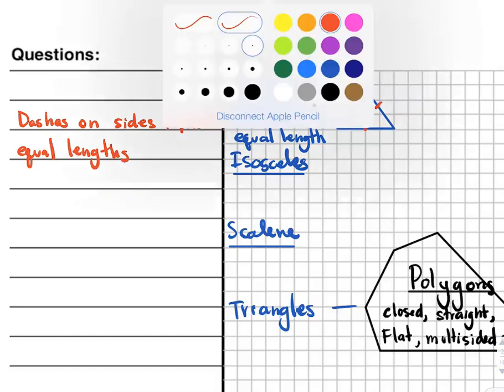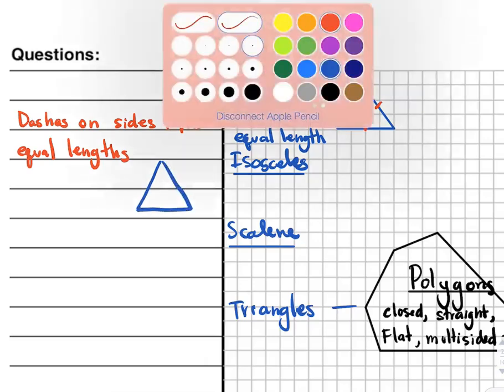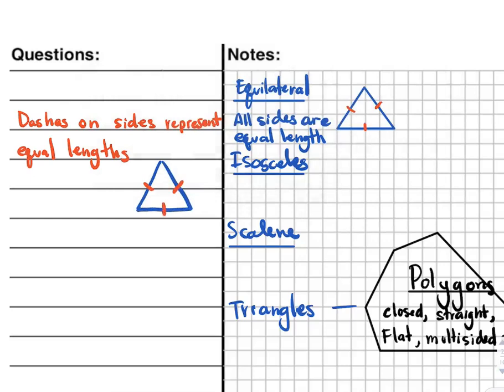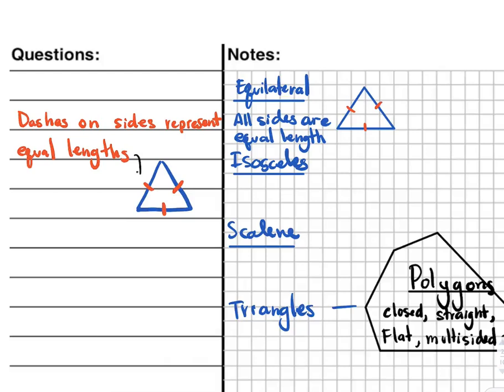I'll draw the example that we have here, and I'll point them out. If I have these marks here, I'm specifically talking about these items. So these sides are equal. All equal side lengths.